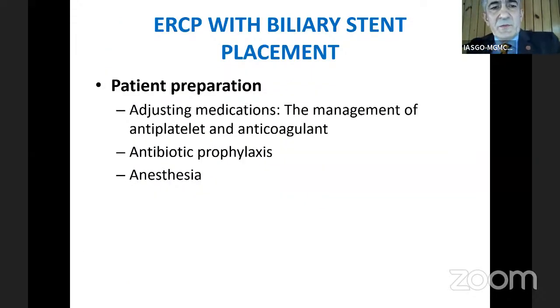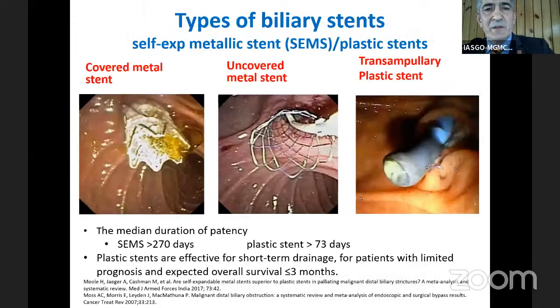As for ERCP, patient preparation is important: adjusting medications, management of antiplatelet and anticoagulation therapy, antibiotic prophylaxis, and anesthesia. And it was mentioned, but to say it shortly, as we know, there are mainly three kinds of stent: covered metal stent, uncovered metal stent, and plastic stents.